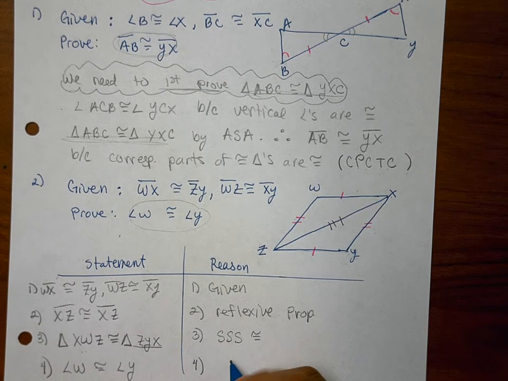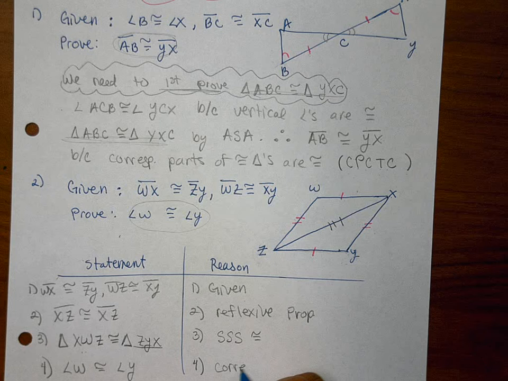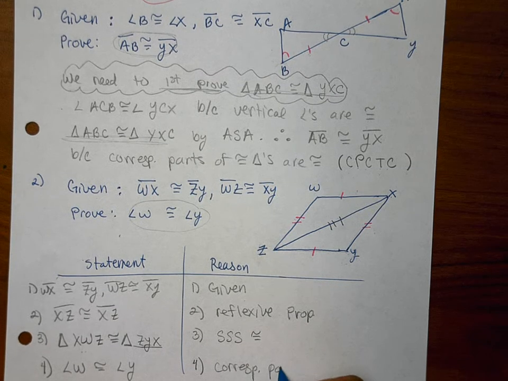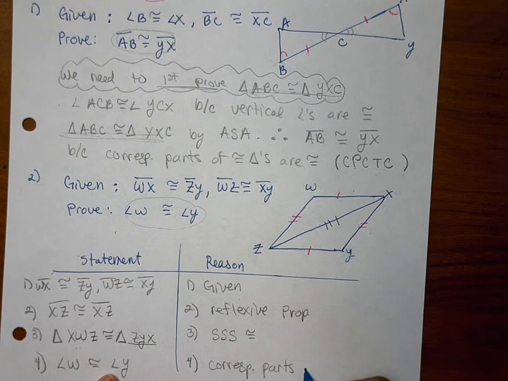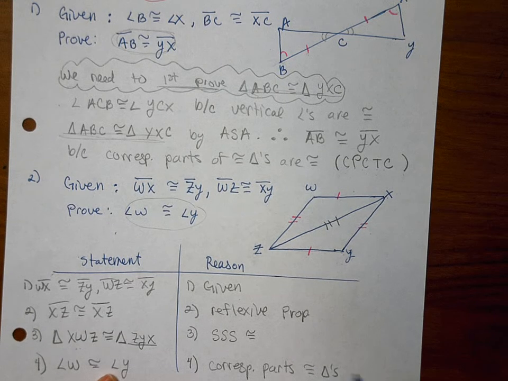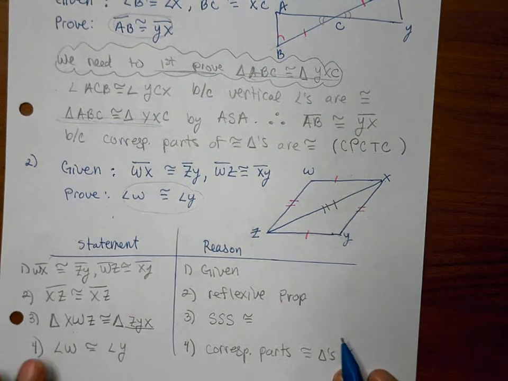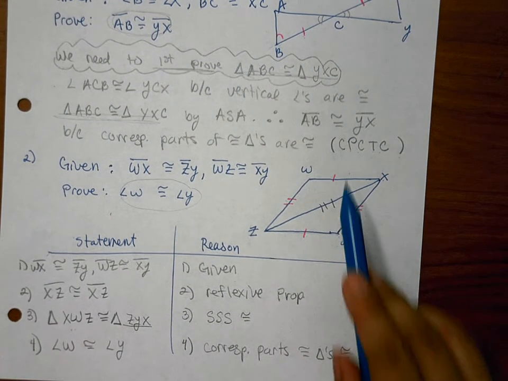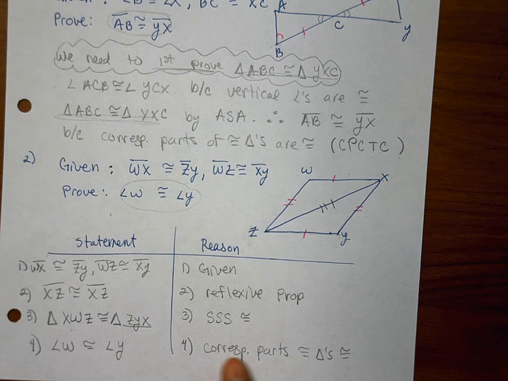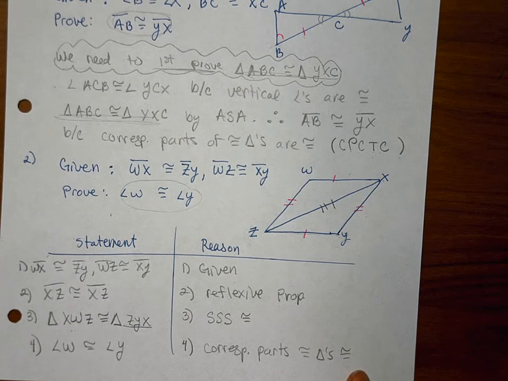So we can now say that angle W is congruent to angle Y because corresponding parts of congruent triangles are congruent. That's about as shorthand as I'm going to allow you to go. You cannot do the CPCTC. Corresponding parts of congruent triangles are congruent. All right, that is it for this lesson. We'll talk more about this in class.